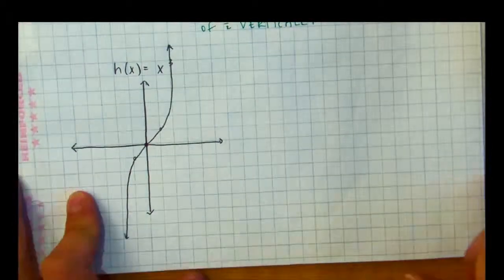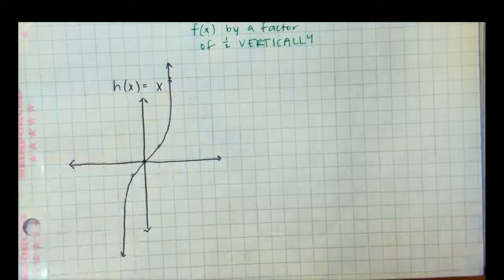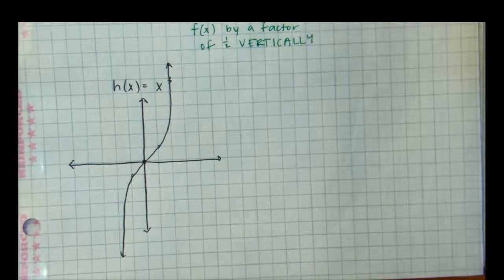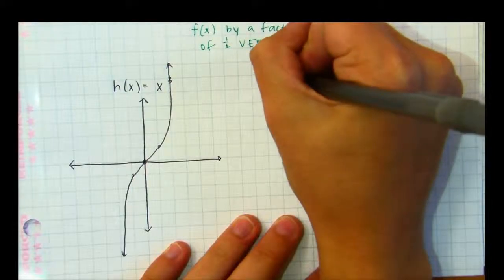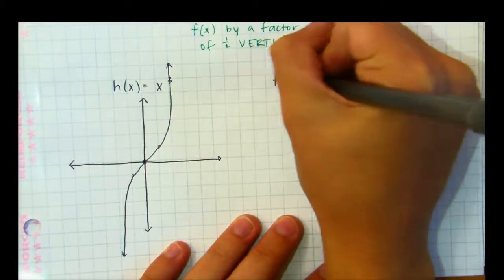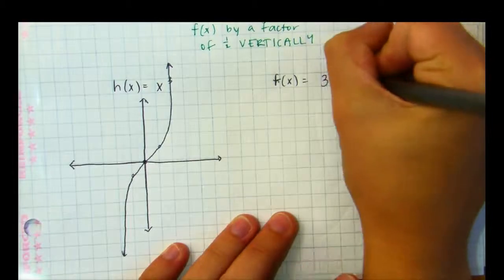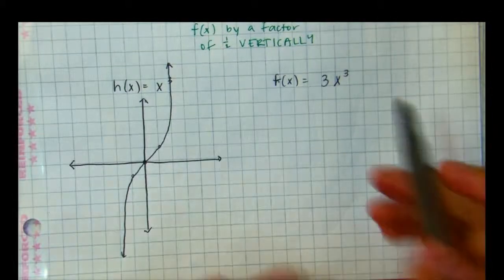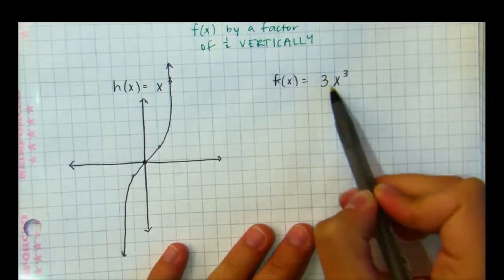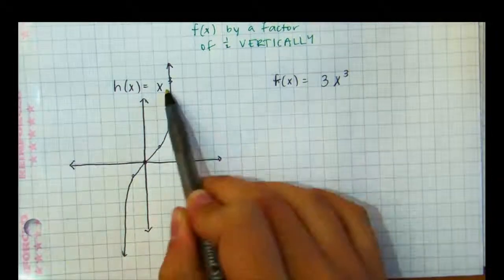Okay, this is what our parent function h of x equals x cubed looks like. Now what if we do f of x is equal to 3x to the power of 3? So this is the same as x to the third, which is equal to h of x.